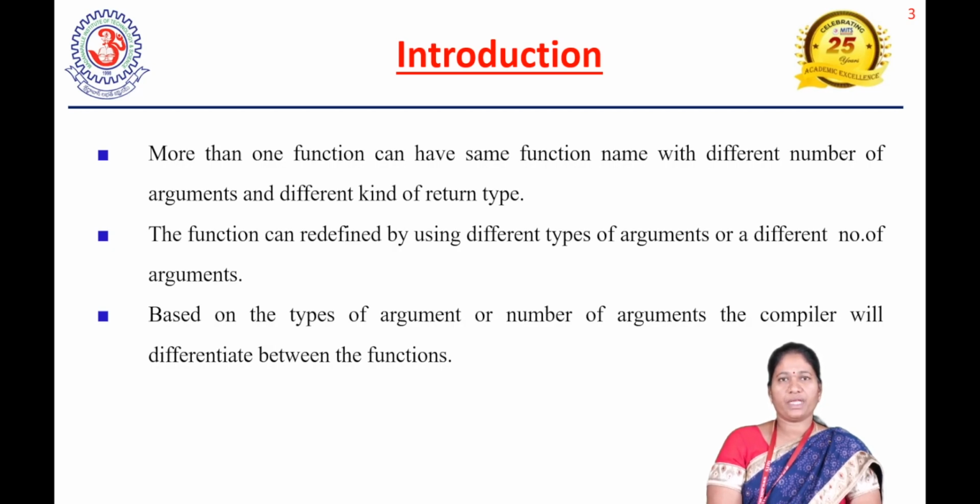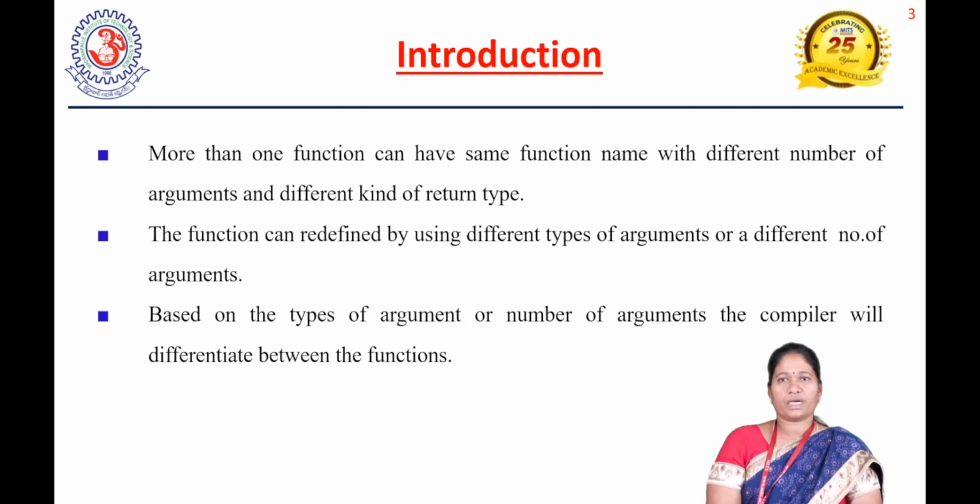That is the main thing we differentiate. Or else we can say we can redefine the same function name with different types of arguments. This is also called function overloading.